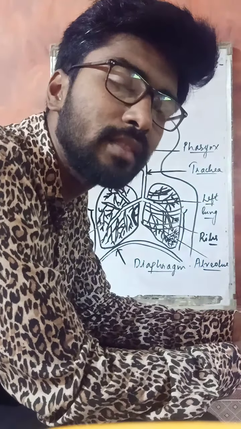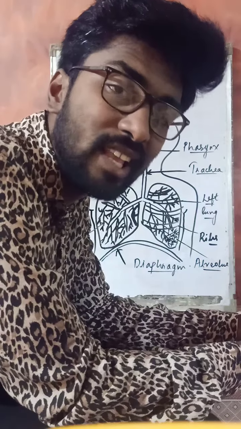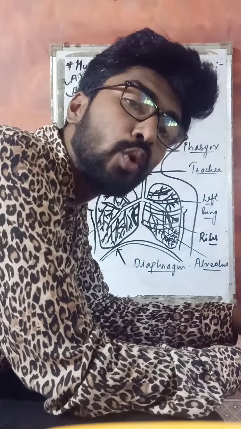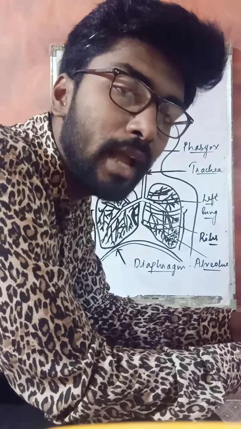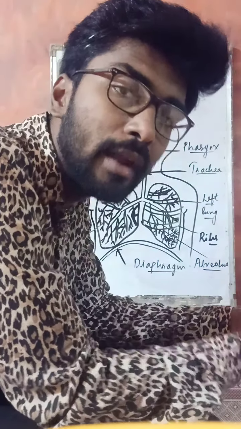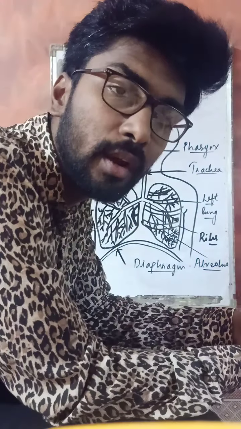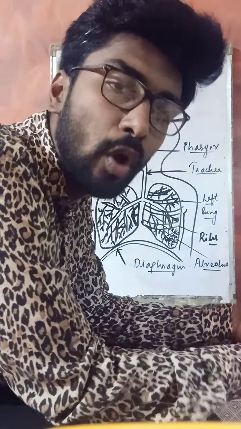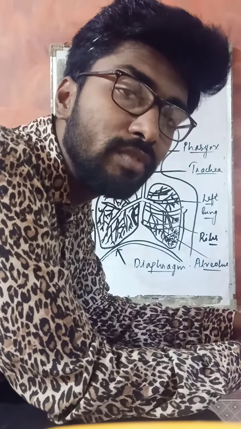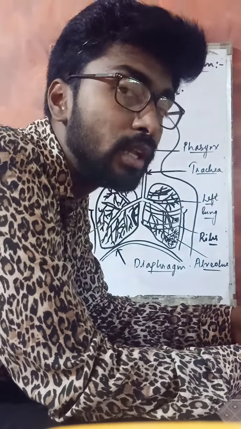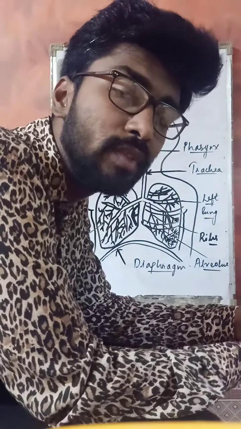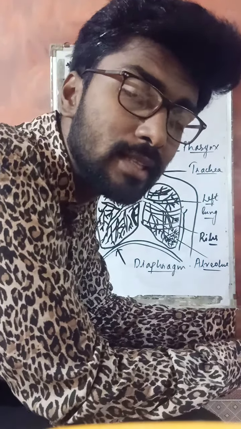The nasal chambers contain external and internal openings. That means the nose contains slit-like openings called external nares and internal nares. The nostrils, or external nares, allow the entry of air into the nasal cavity.